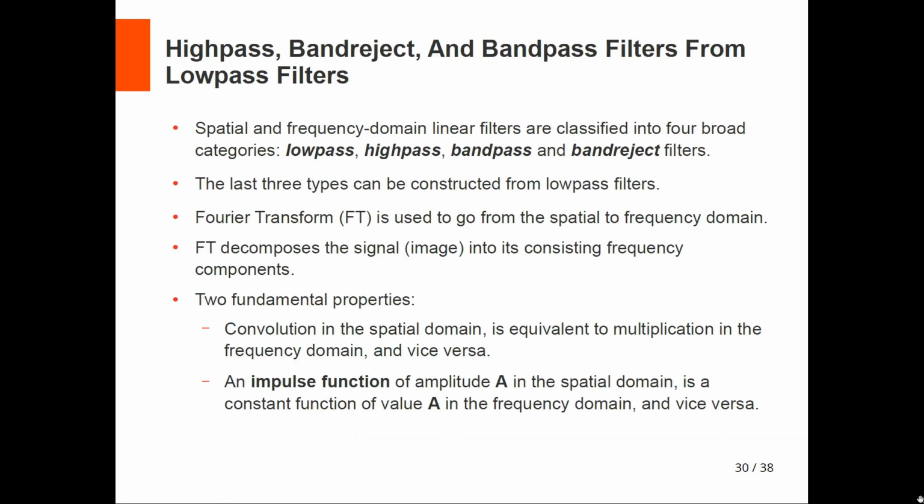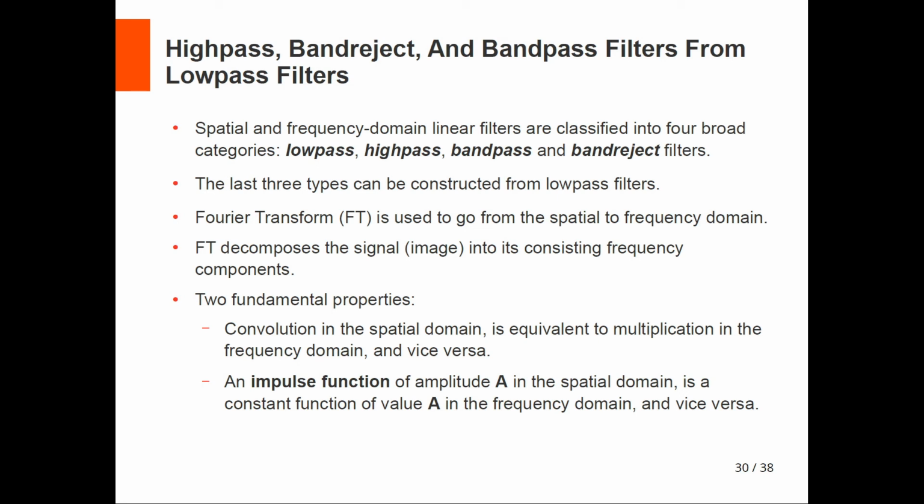Even though we haven't talked about Fourier transform yet, there are some great insights that we can get if we have a good knowledge of the fundamental properties that connect the spatial domain and the frequency domain. And these insights can help us understand how filtering works in general. So spatial and frequency domain linear filters are usually classified into 4 broad categories.